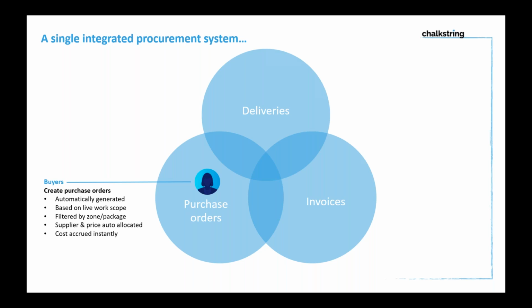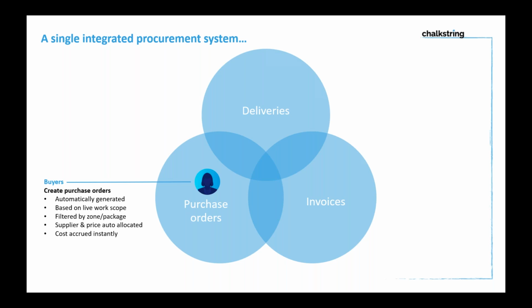And I'll go in and show you some of these things in a minute. But the purchase orders are based on a live work scope or a live material bill. So they're changing at all times based on your scope of your project and how your variations are coming in and so on. So they always know they're buying the right quantities. And you can filter out by zones and different work packages to try and phase and buy the right quantities at the right time.